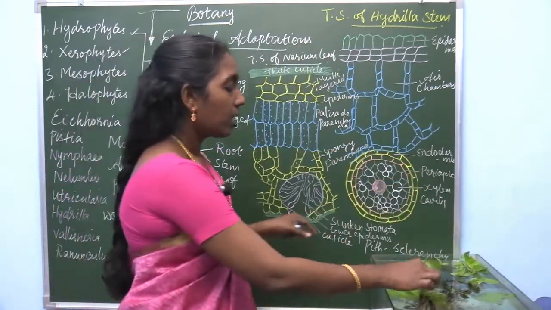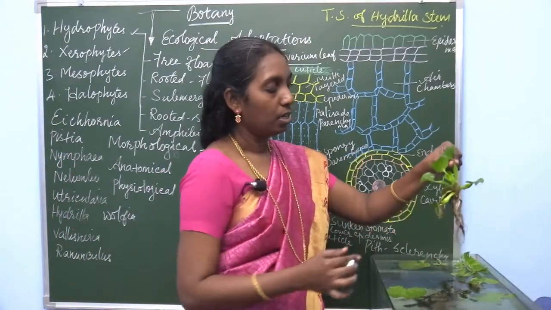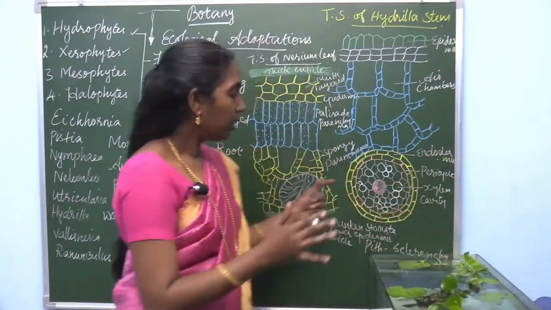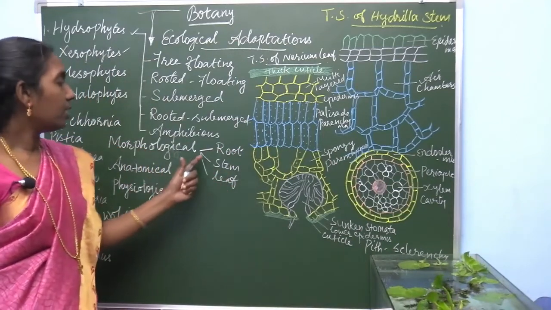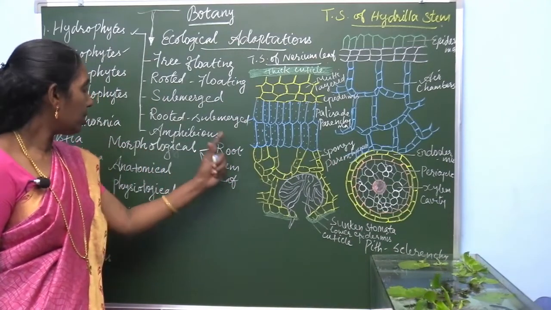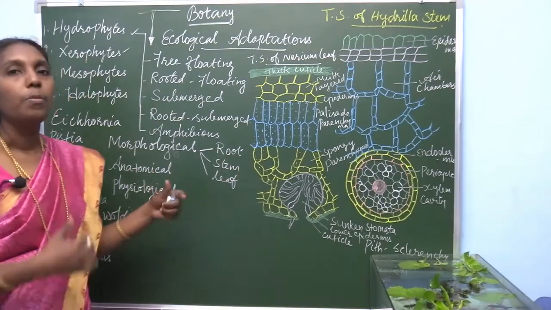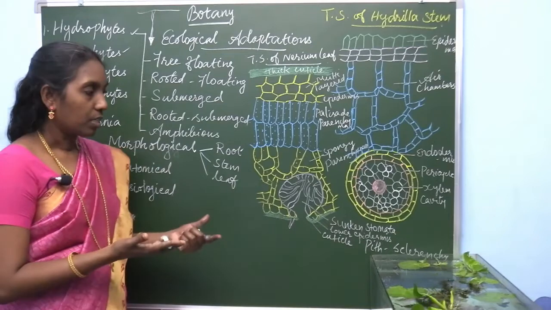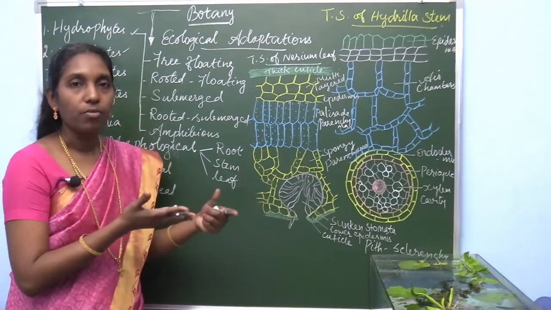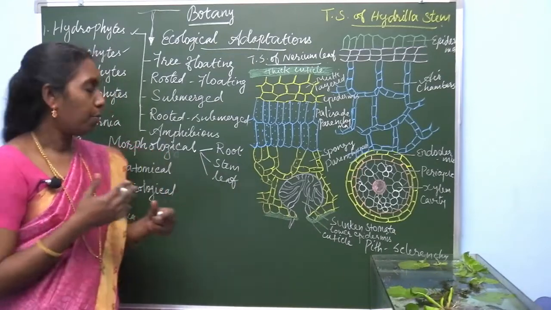Then thick and leathery leaves are seen in Eichhornia. So different structures are seen in the root, stem, and leaf. These modifications are morphological adaptations, and these structures help the plant to survive well within its habitat.